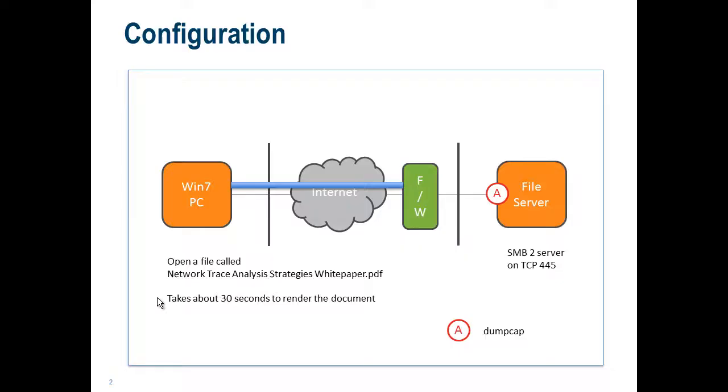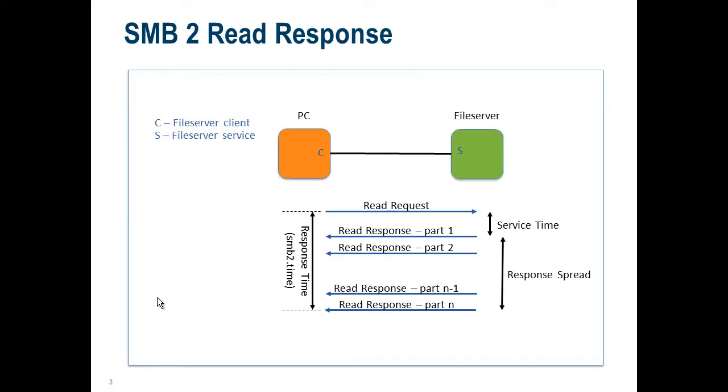Going back to this information, we're looking at the service time from here to here, about 1 millisecond, and then the overall response time, which includes the spread of all these response packets, the 27 response packets that make up the response.